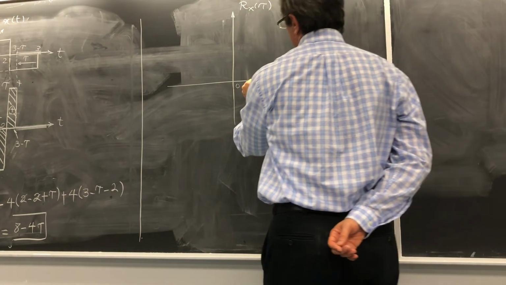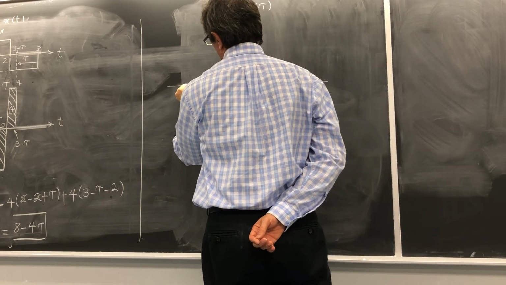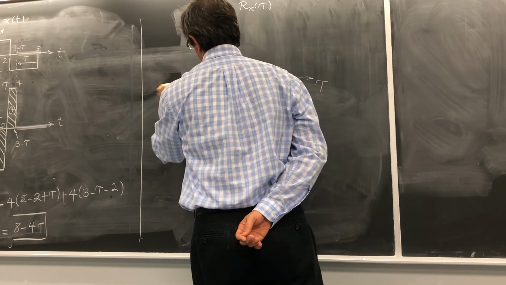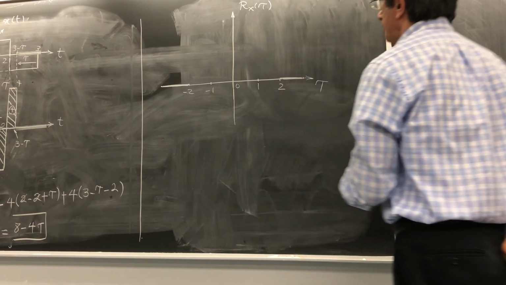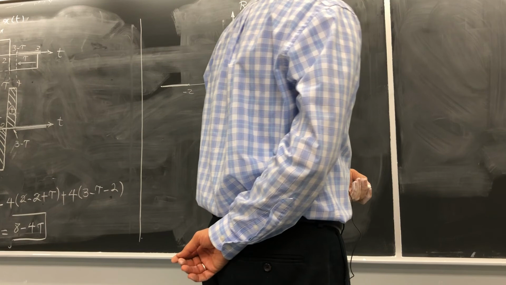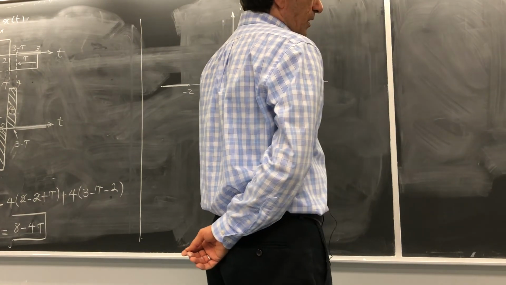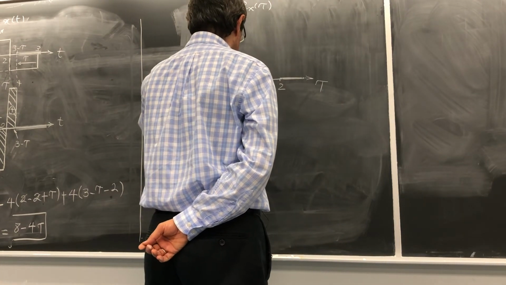So beyond 2, the function is 0. Between 1 and 2, we've got 4 tau minus 8, meaning that at tau equals 2, we've got 0. At 1, we've got negative 4.